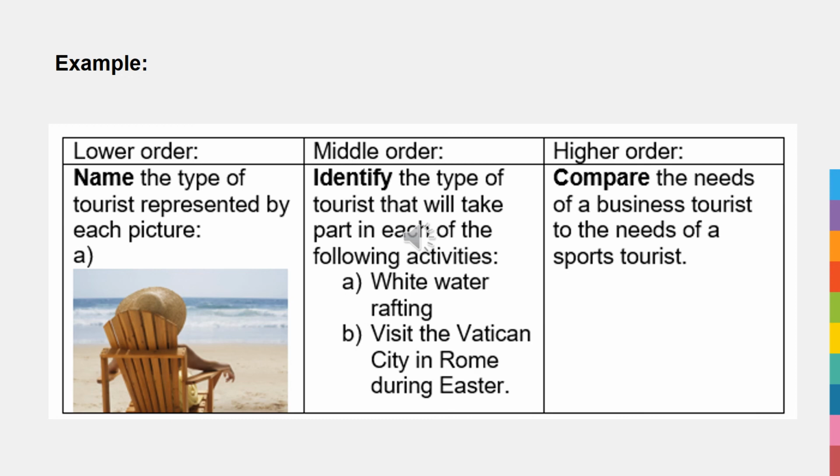You say the business tourist will travel because he needs to attend a meeting, he goes for work, but an adventure tourist likes adrenaline activities like skiing and bungee jumping. So their needs are different. Compare the needs. So I hope that is quite clear to you.